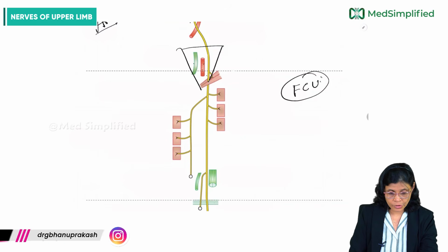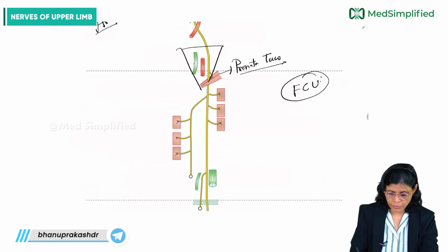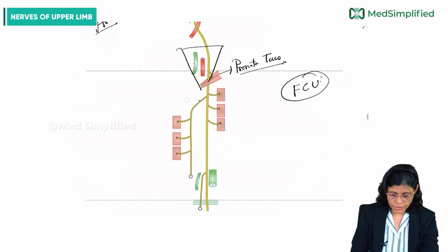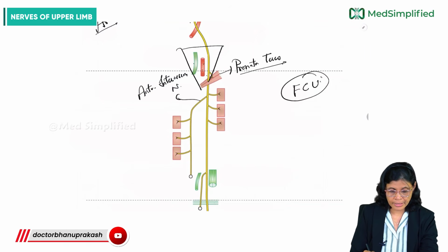Then it will leave the cubital fossa by passing between the two heads of the pronator teres muscle. Here it will give a branch which we call the anterior interosseous nerve. So this is given by the median nerve.